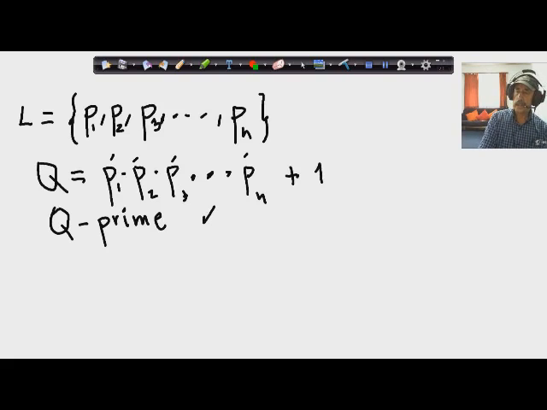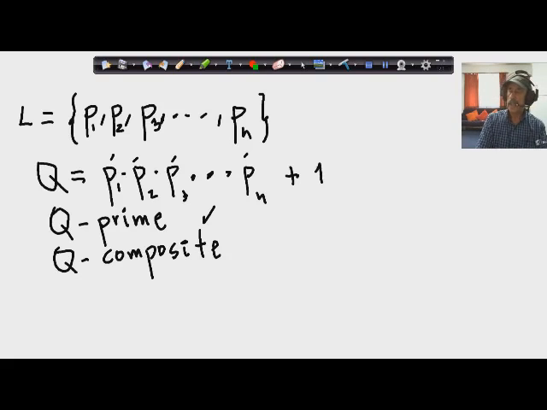Second possibility, consider Q were a composite number. Then, as every composite number, it should be the product of primes.